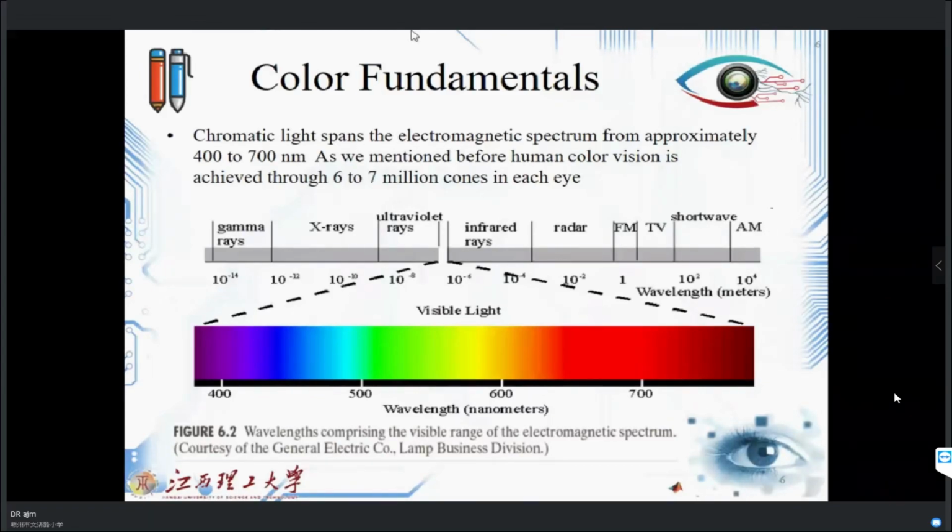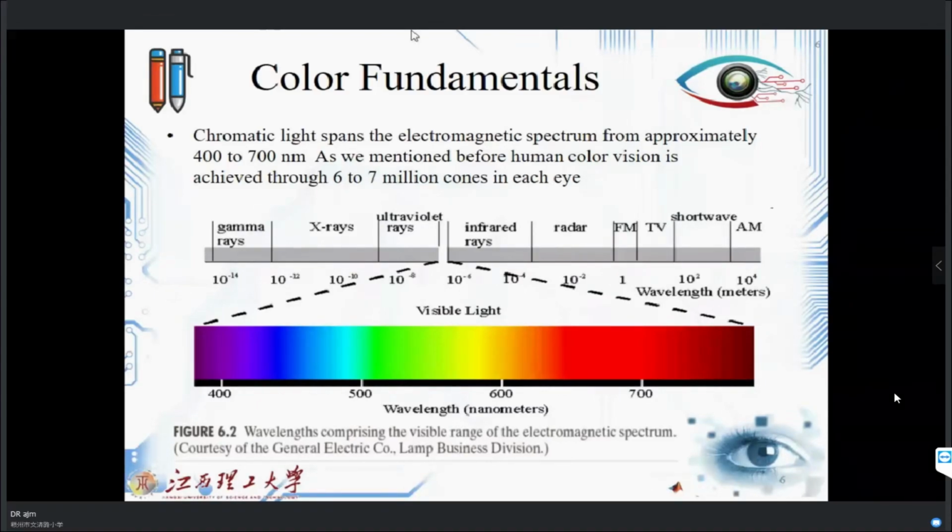And here you can see the ranges of ultraviolet, X-ray, gamma ray, infrared, radar, FM, TV, shortwave, and AM, split based on the range of the wave, and the visible light is between 400 and 700 nanometers, as I show in the figure.